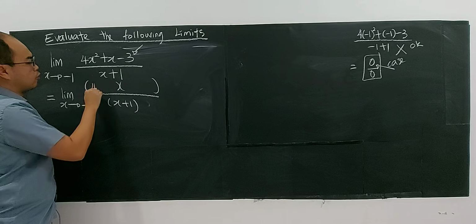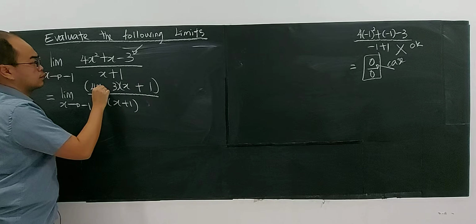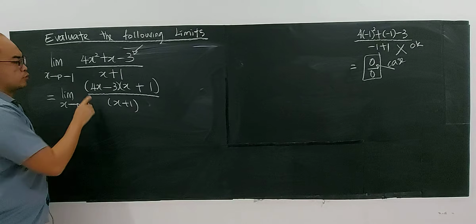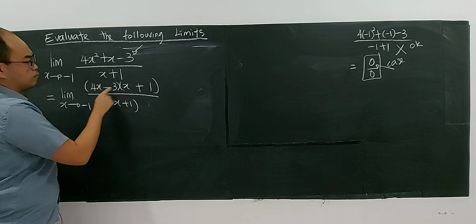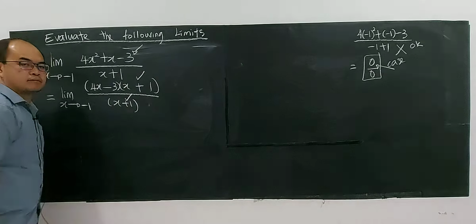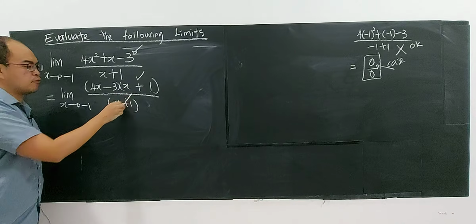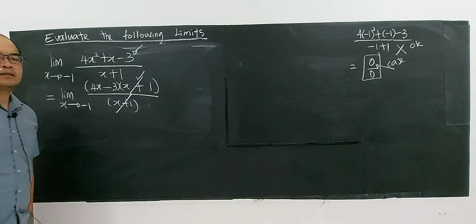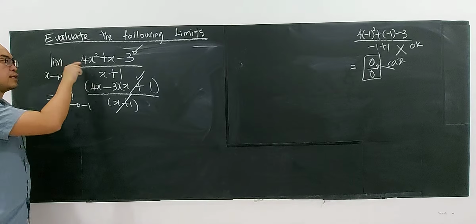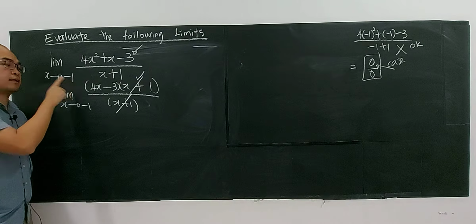So you have 4x squared plus x minus 3, which factors with (x plus 1) as the common factor. After we eliminate this common factor, then we can evaluate the limit of this function, meaning the value of this function when x approaches negative 1.